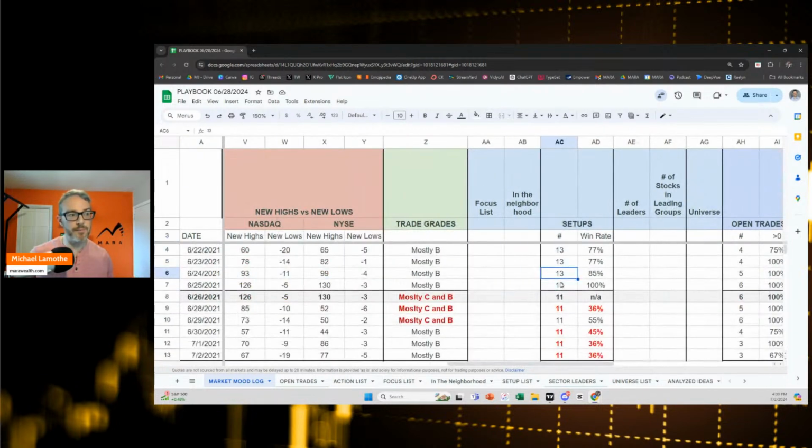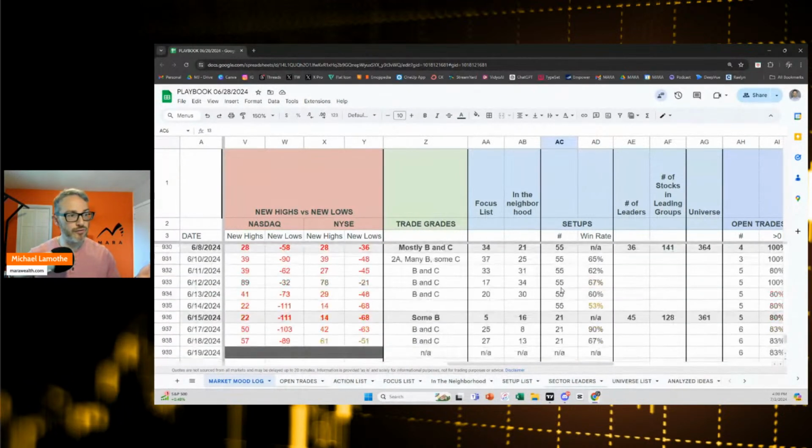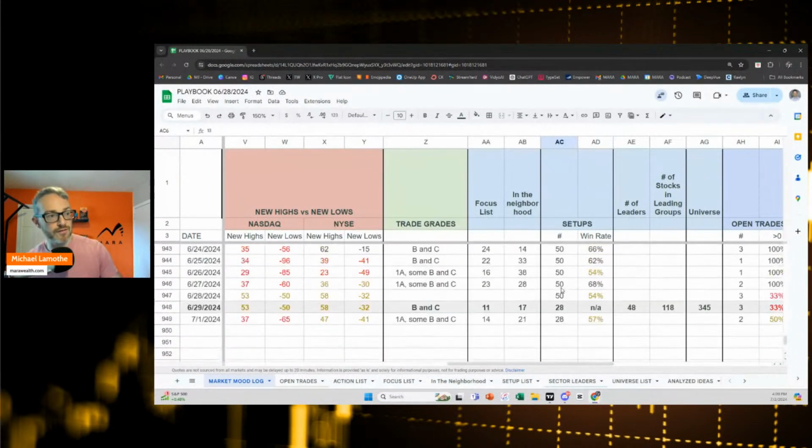The number of setups and the win rate of those setups. And you can tell that I've been tracking this on this particular sheet for a little while now. So what does this tell me? At a glance, it tells me how many stocks are setting up versus my universe list, right? So I already ran all my screens.